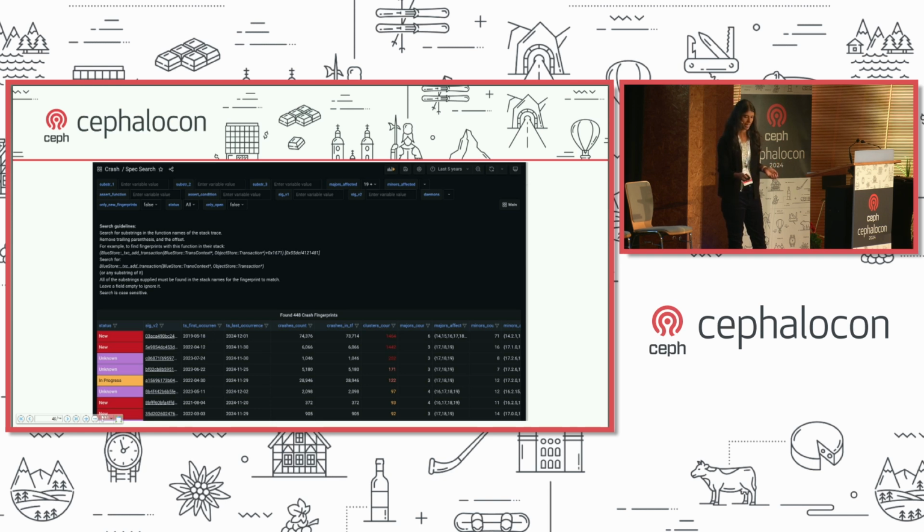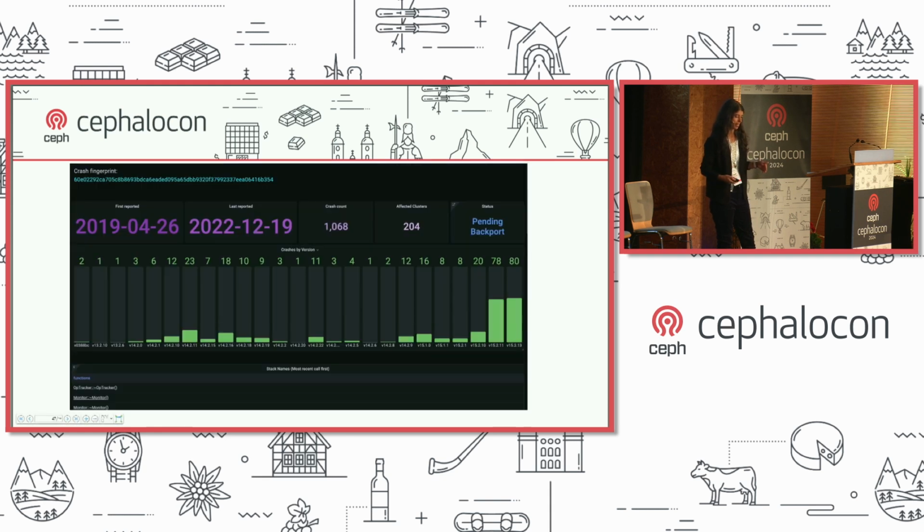So we can see that, for example, several crashes that were reported for Squid also happened in Quincy and in Reef. So we can look at the specific bug and see exactly in what versions it occurred, or sorry, a crash. It's not necessarily a bug.